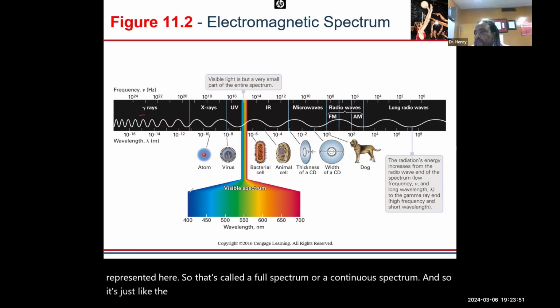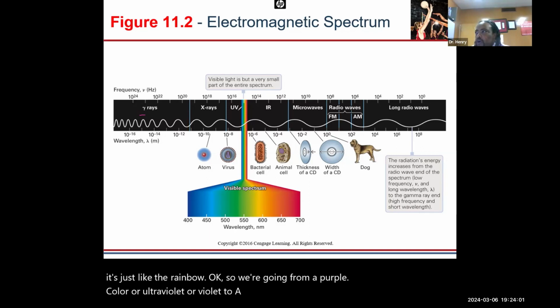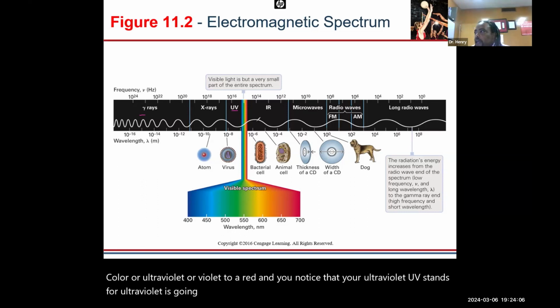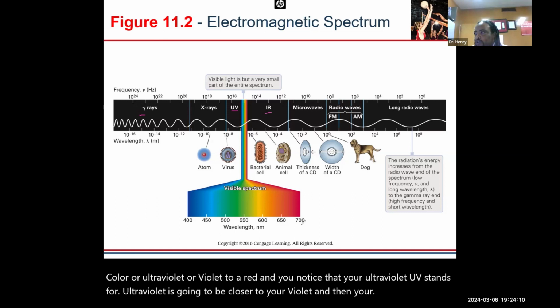We go from violet to red. UV stands for ultraviolet and is closer to violet, and infrared is closer to red.